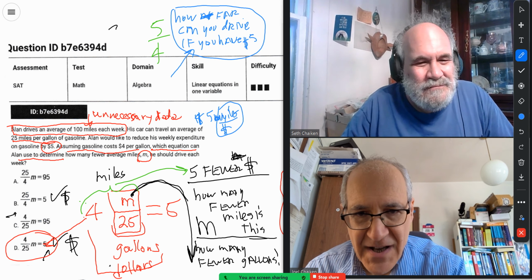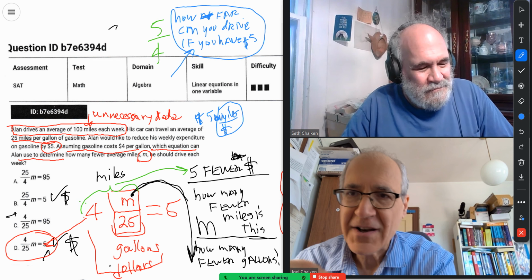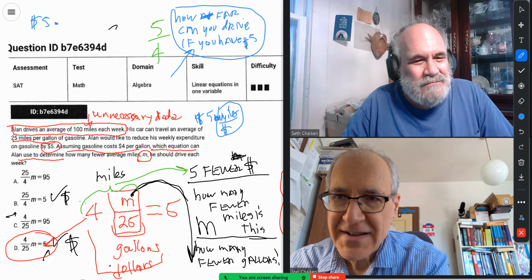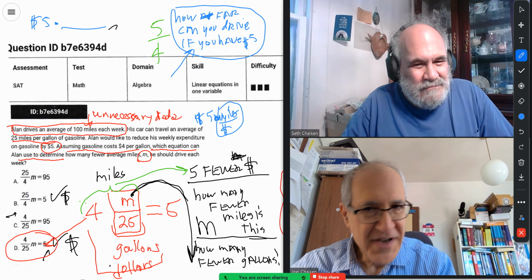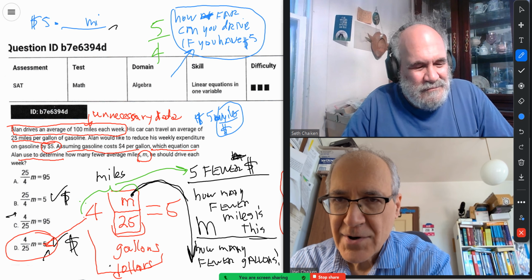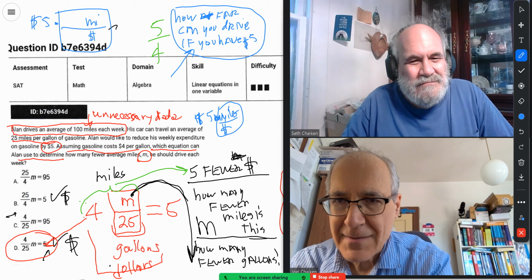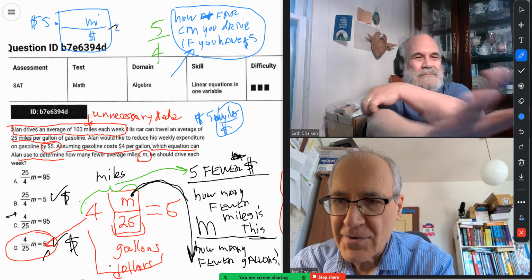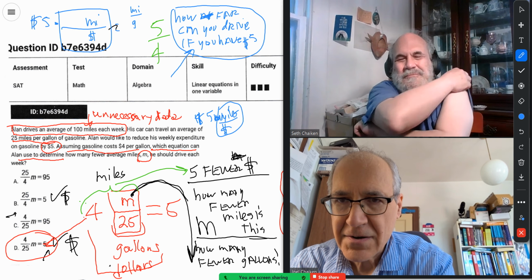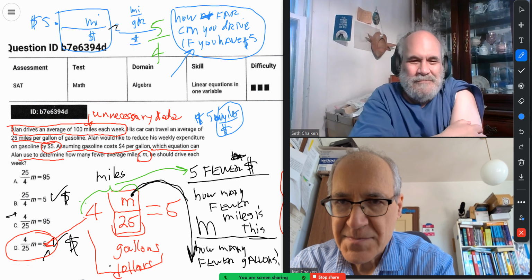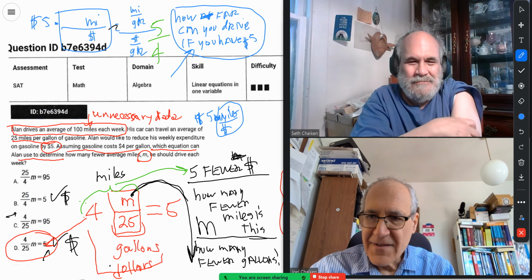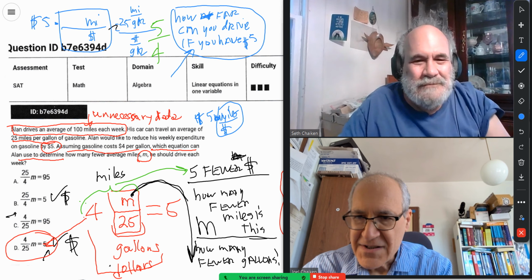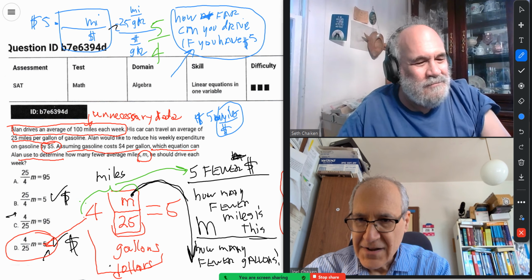This is the key to the problem. And they give those to you: miles per gallon is 25 and dollars per gallon is 4.